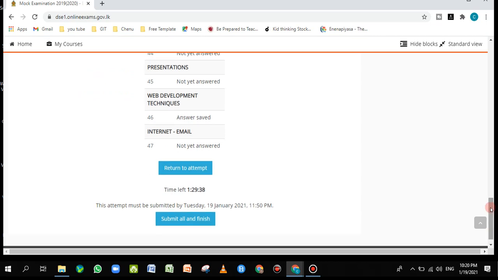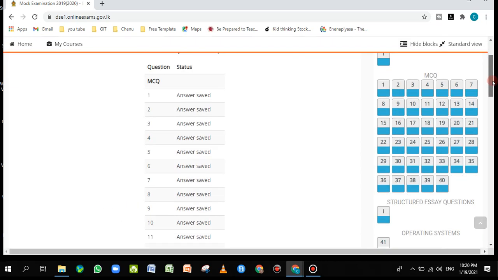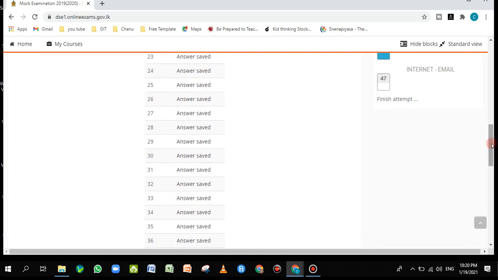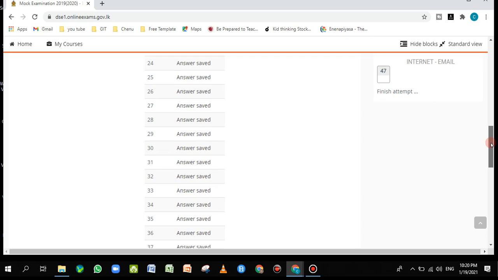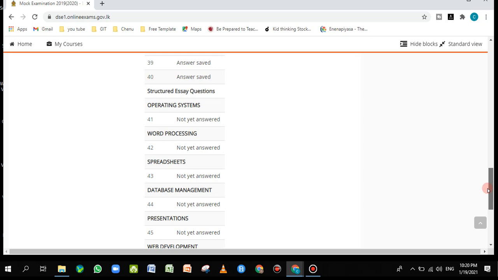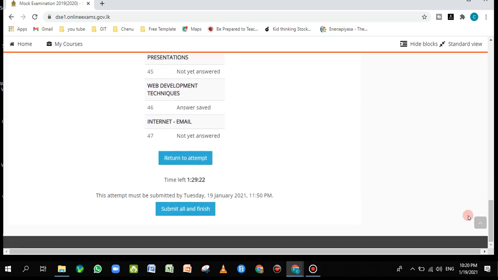If you are doing only the MCQ paper, then you can just finish this attempt, or if you have done the rest of the questions, the structured questions, then you can finish the attempt. But you will come to this window. Once you come to this window, you can select return to attempt and go back and try the other questions. If you have not done some of the questions, you can check and try to do them. Or else you can submit all and finish.